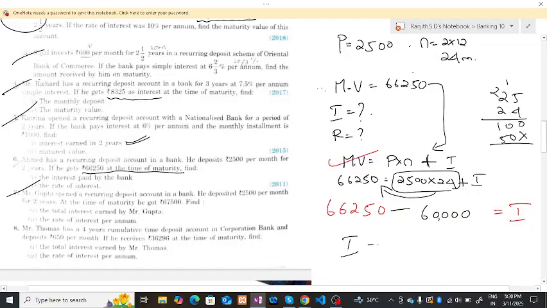Sixty thousand. Interest is equal to 66,250 minus 60,000, which is 6,250.